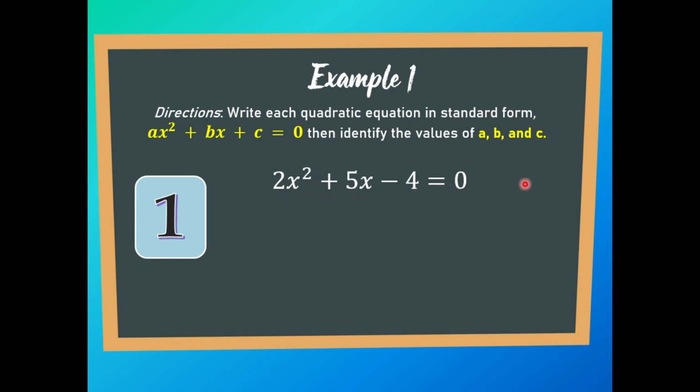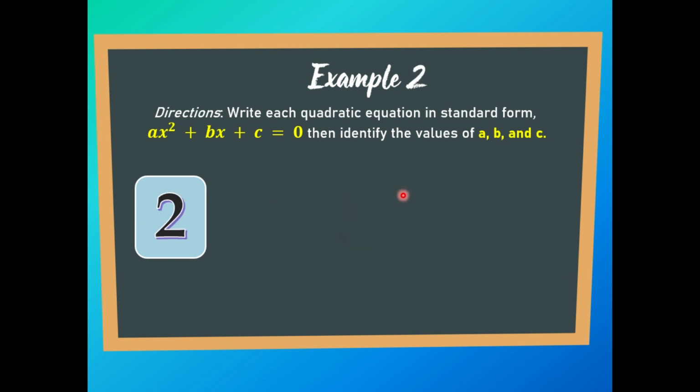By looking at the equation, this is already in standard form. So we can now find the values of a, b, and c. A here is 2. B, the numerical coefficient of the second term or the linear term, is 5. And the constant term c is negative 4.